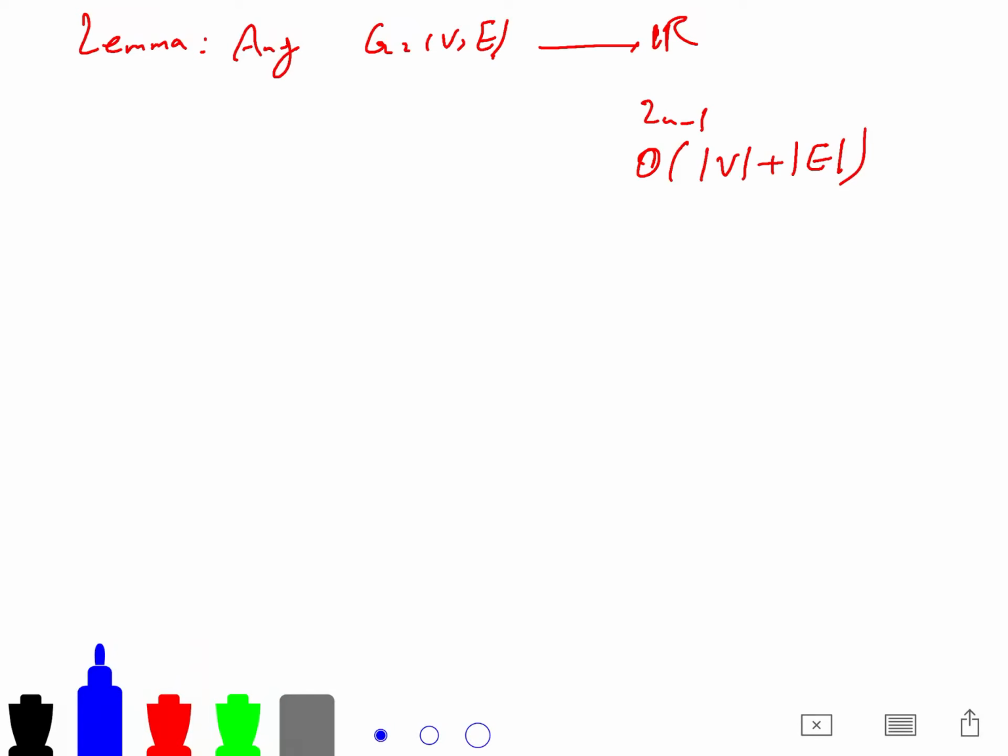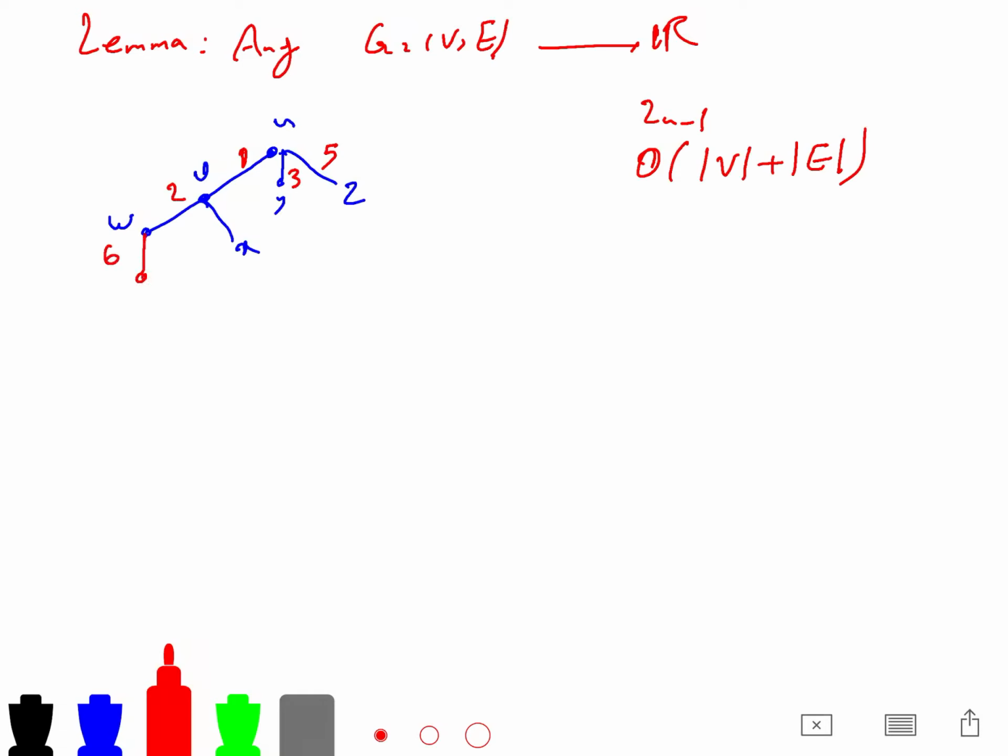Since the resulting graph is Eulerian, we can consider an Euler tour C. For example, let's say we have this is U, this is V, this is W, this is X, U, Y, U, Z. And the weights are, this is 3, 5, for example, 1, 2, 4, 2, and this is, for example, 6.